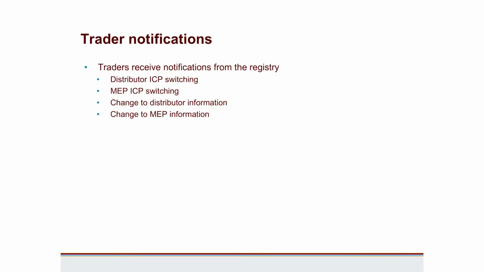The other thing that I wanted to mention is that traders receive notifications from the registry as soon as a distributor changes their information, or as soon as an MEP changes their information. For traders, it's a really good idea to keep a watchful eye on that information.